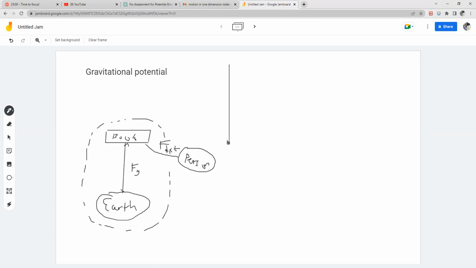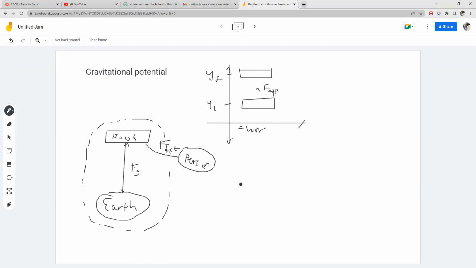So let's create a y-axis, and let's say this is the floor. The initial position of the book is y initial. And then after applying this external force, let's call this the applied force, the book now has a final position of y final.